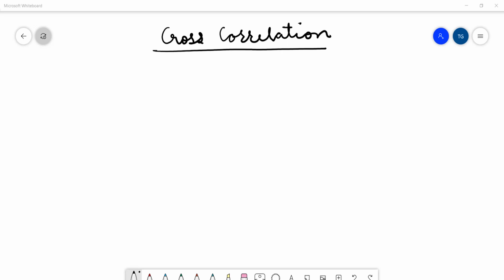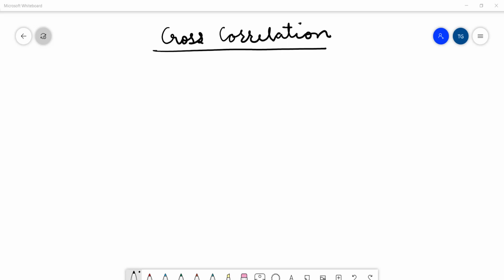In this video, we will discuss all about cross correlation and the properties of the cross correlation function, what it does. Cross correlation between two different waveforms or signals is a measure of similarity or match or relatedness between one time domain signal and the time delayed version of another signal.